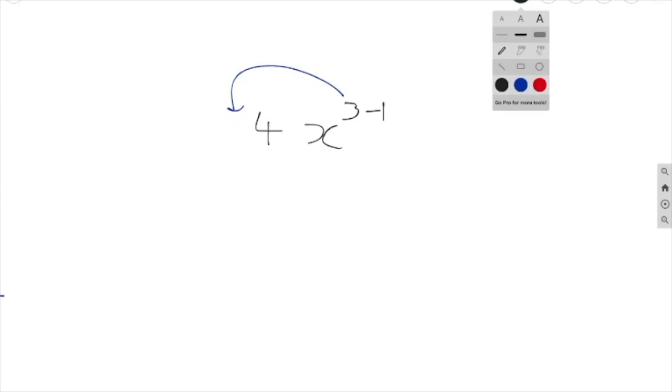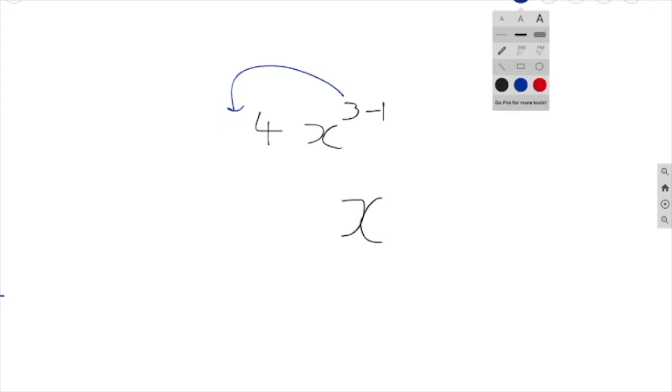Let's say, for sake of argument, with what we used last video, let's use 4x cubed, because we can at least go back to the last video then and check that our answers coincide. So we take our 3 and we put it out front here, and then we take away 1 from the 3. So that'll give us our x here.